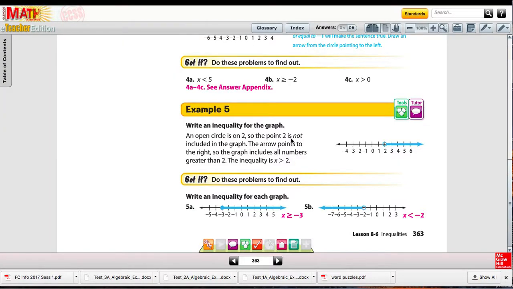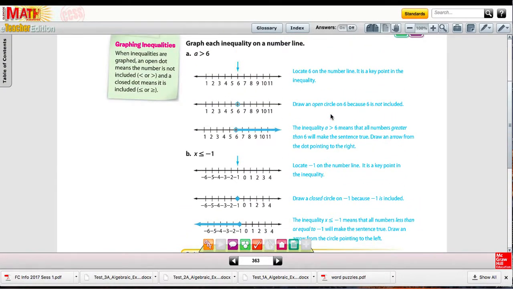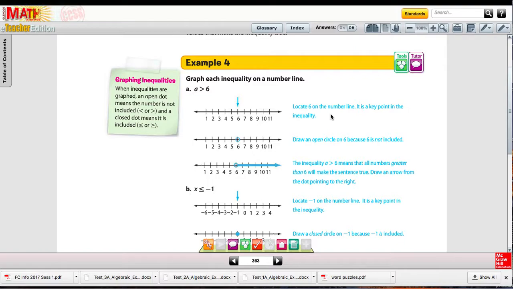On the top of page 363, you have the number lines that I talked about. When you're graphing an inequality, it's important to know whether you use an open or a closed circle. We talked about that. If it's a less than or greater than sign, we're going to use an open circle. If it's a less than or equal to or greater than or equal to, it's going to be a closed circle. Depending on the direction, that's the way we're going to put the arrow on the number line.